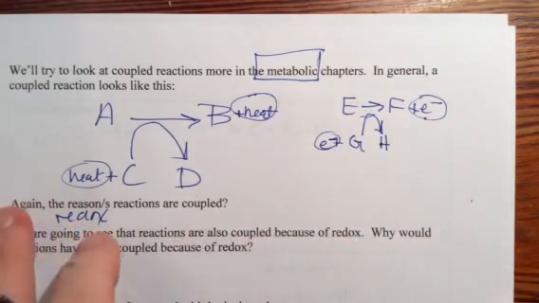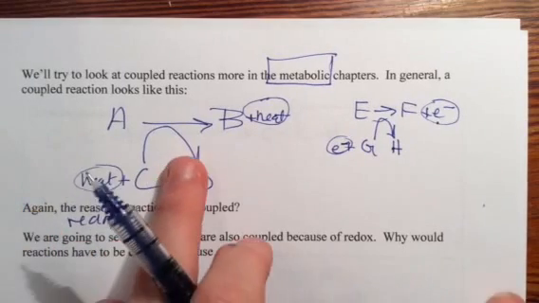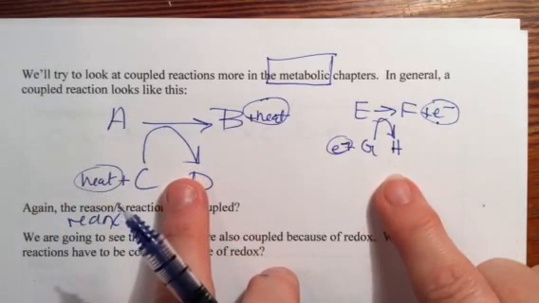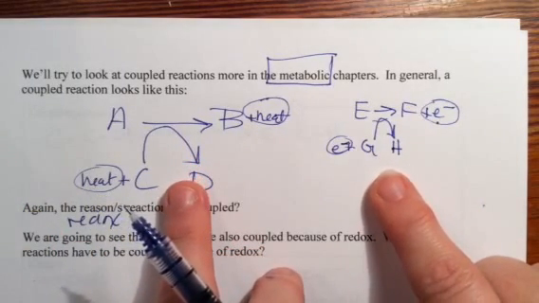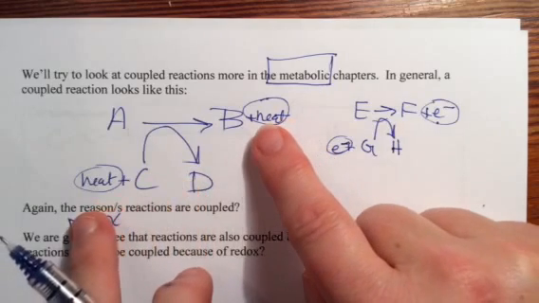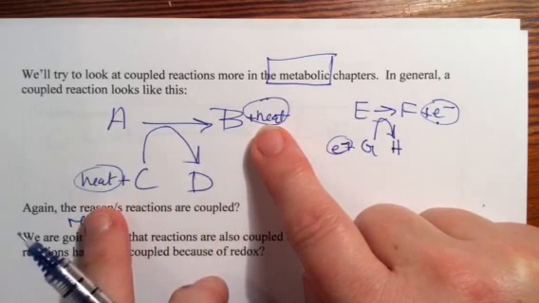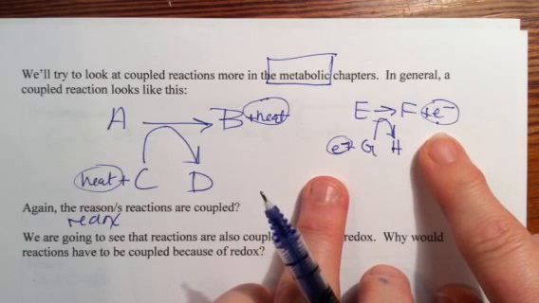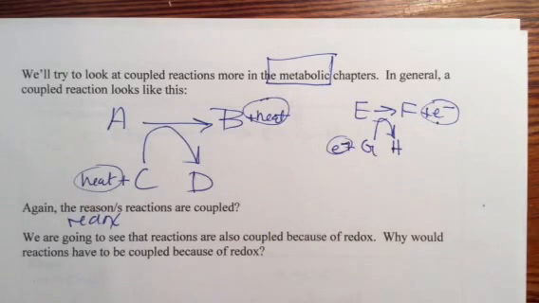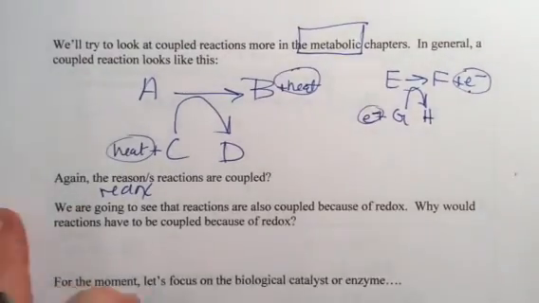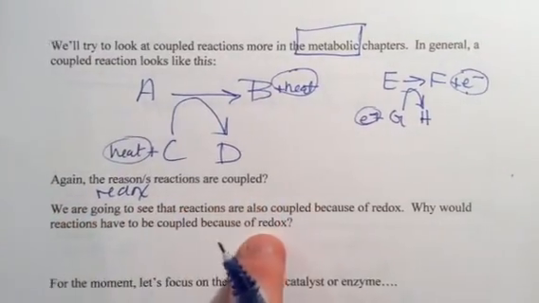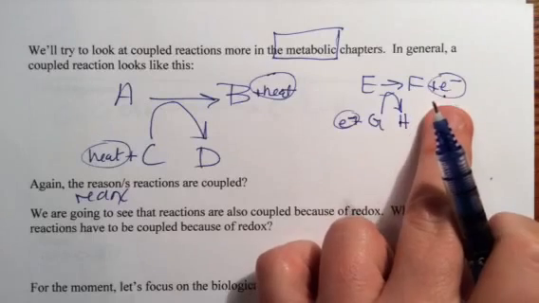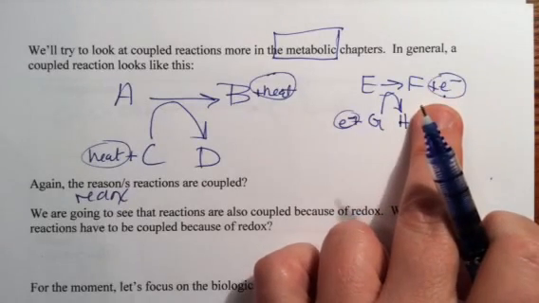So what we're going to be looking for in metabolism is overall reaction coupling and try to figure out why they are coupled. Is it a heat component? Is there a heat requirement? Or is there a redox requirement? Again, why would reactions have to be coupled because of redox? Well, you can't just have this electron being lost. It has to be coupled.